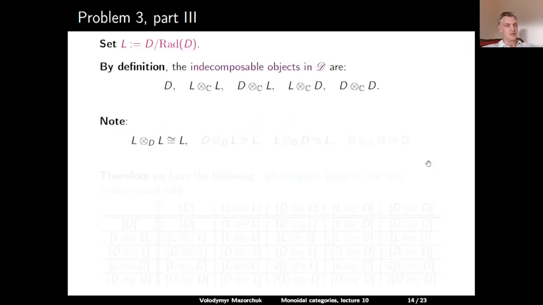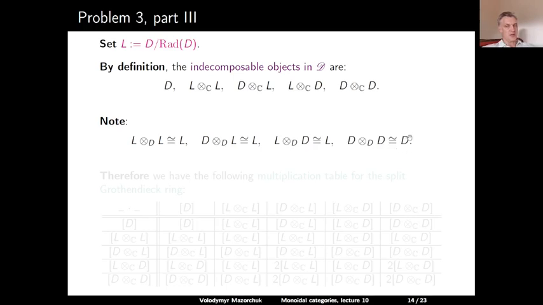So let's compute these multiplicity vector spaces between L and D. If we tensor L with itself over D, we will get L. If we tensor L with D over D, we will get L for obvious reasons, regardless of what the order of the factors is. And when we tensor D with itself over D, we will get, of course, D. Note that here we have the two-dimensional vector space, while here we have one-dimensional vector space.